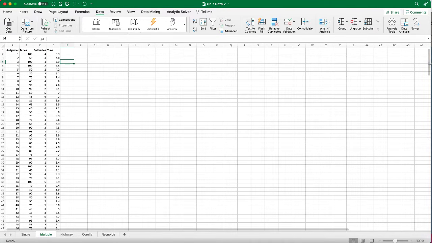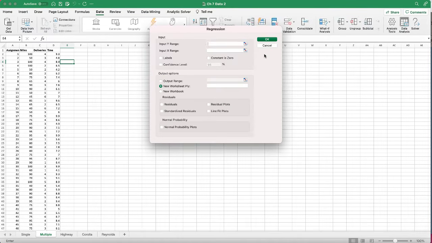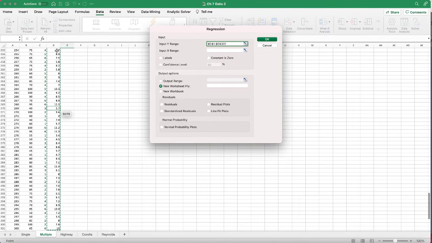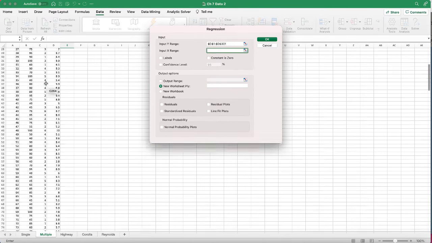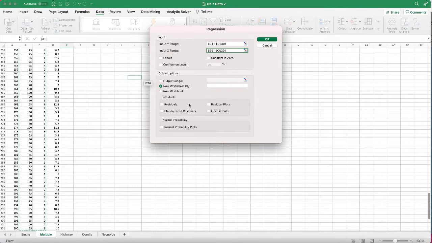Under the data tab, we're going to select data analysis, and in that we're going to select regression. Click OK. In the Y input range, we're going to select the D column, that is our dependent variable. And in our X input range, we're going to select our miles and deliveries columns.